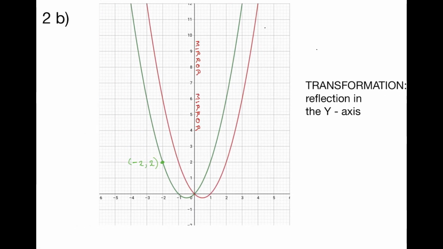Once again, looking more closely at the effect of this transformation on individual points, we see that the x values of points on the original curve are multiplied by -1, while the y values are left untouched. So negative 2, 2 on the original curve becomes 2, 2.